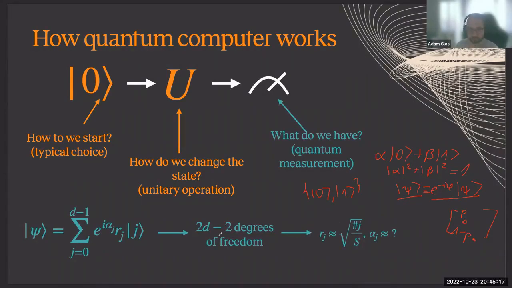For example, if we generalize to a state with d basic states, which has 2d minus 1 degrees of freedom, the modulus of each amplitude can be computed as the square root of the number of occurrences of j over the number of shots if we measure in the computational basis. But then we lose all the information about the so-called local phase. Simply by measuring in the computational basis, we cannot distinguish this.